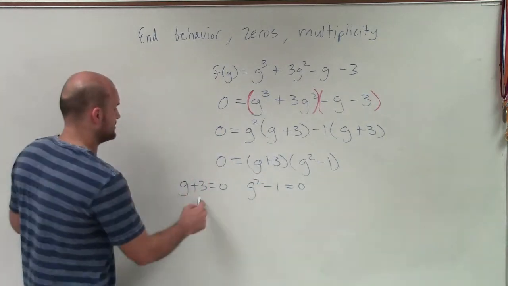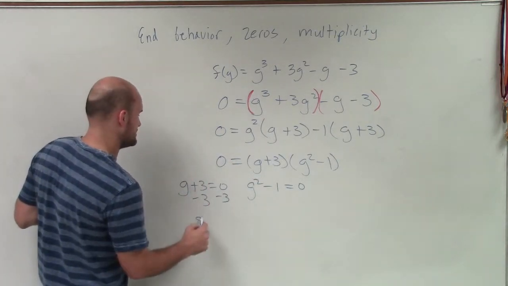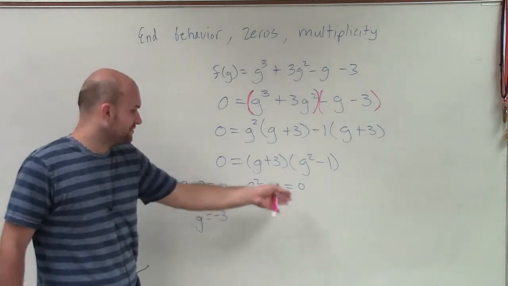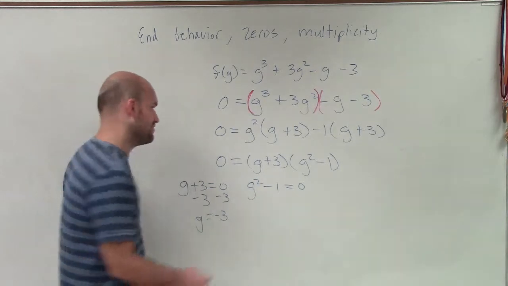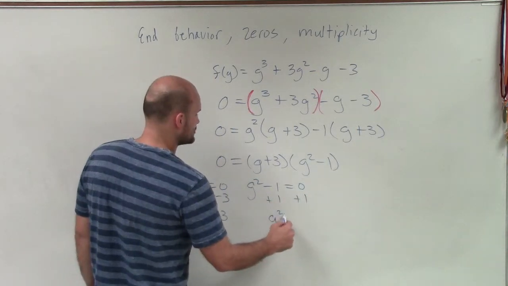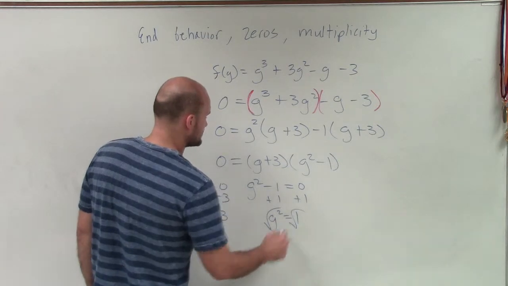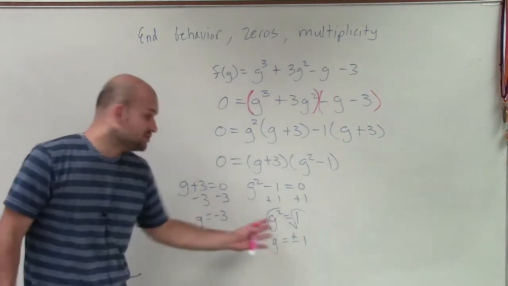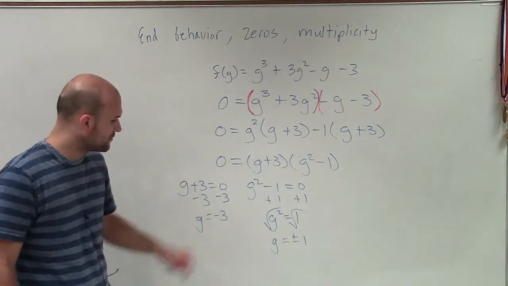In this case, I subtract 3 and say g equals negative 3 is a zero. Then for here, I could either factor this, or I could use the square root method. If I use the square root method, I just add 1 on both sides, and I get g squared equals 1. Take the root, and I say g equals plus or minus 1. So therefore, I'm going to have 2 zeros from this and only 1 zero from here.